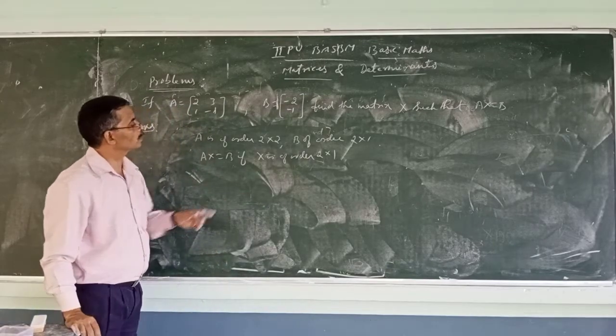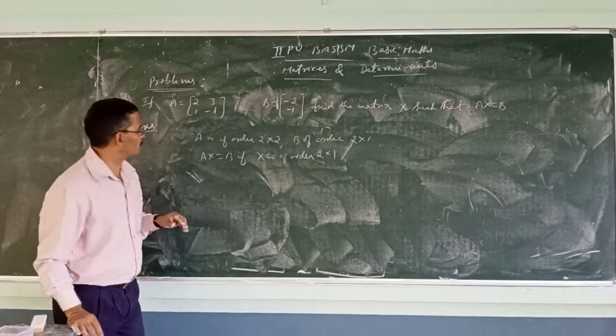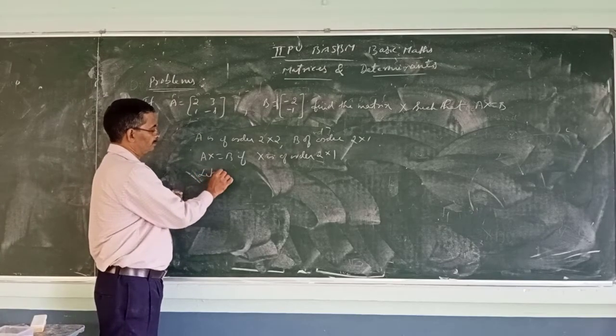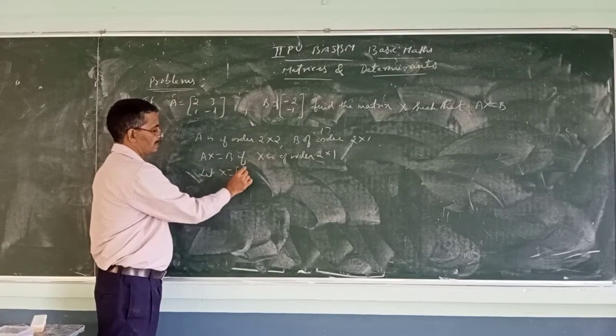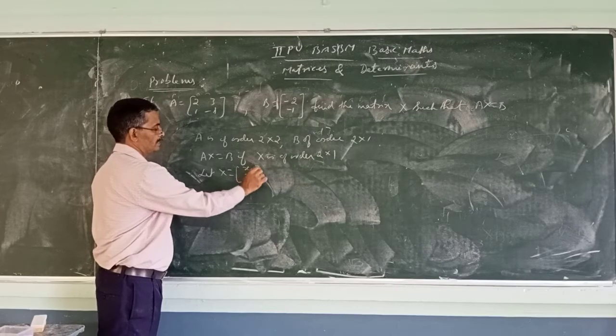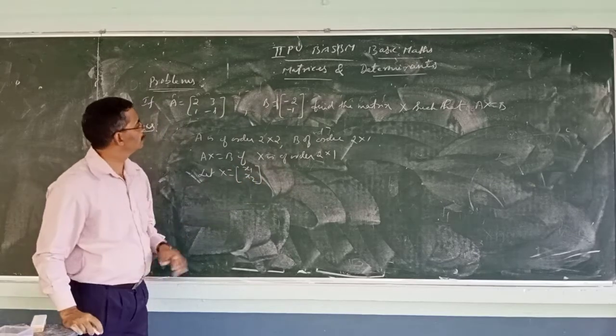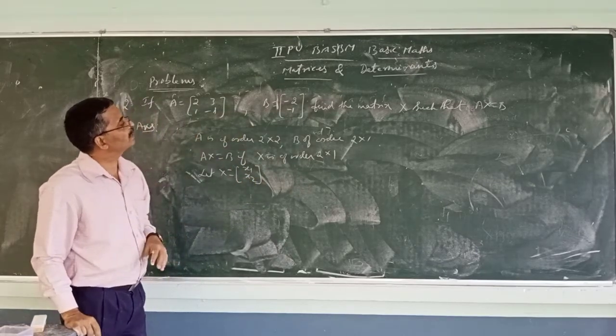Let X equal to 2 rows, 1 column. Let X equal to x1, x2, 2 elements, that's all. Now we can compare and get the values of x1, x2.